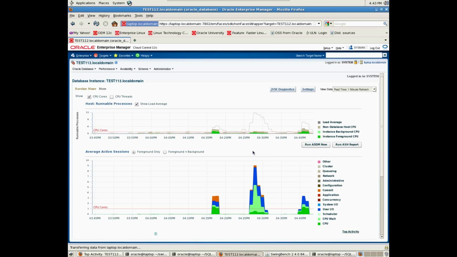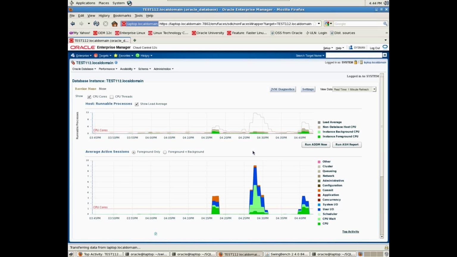But fundamentally, he said a sentence which stuck with me for a long time and is worthwhile for you to think about. When I said this, he was like, well, that's why the top activity page isn't the performance homepage. Because what tends to happen in demonstrations, and I'm as guilty of it as anybody else, is because top activity is such a fantastic page, I tend to never show people the performance homepage enough.